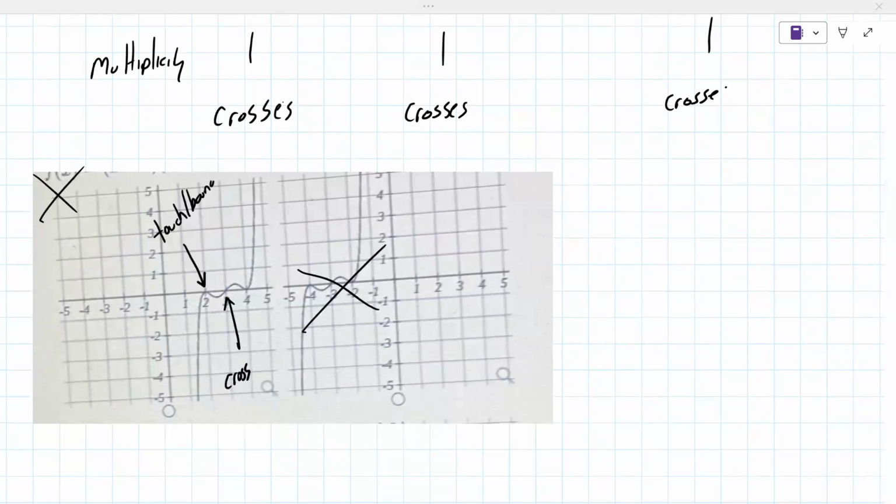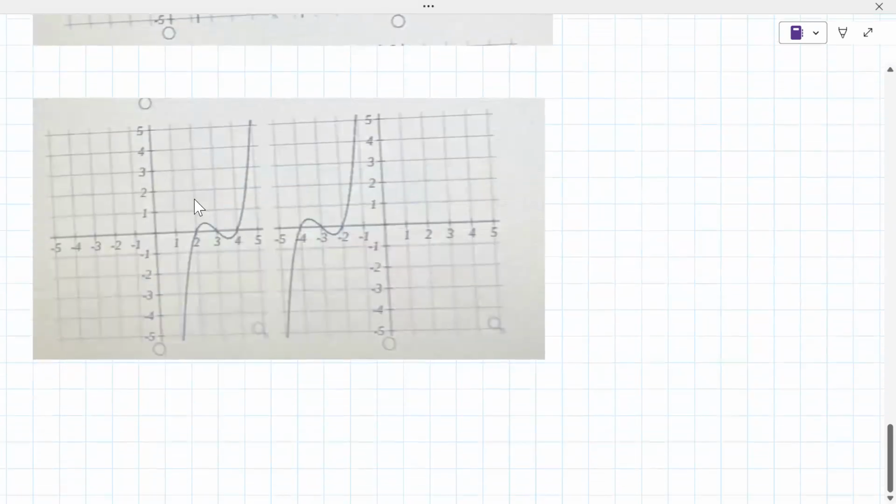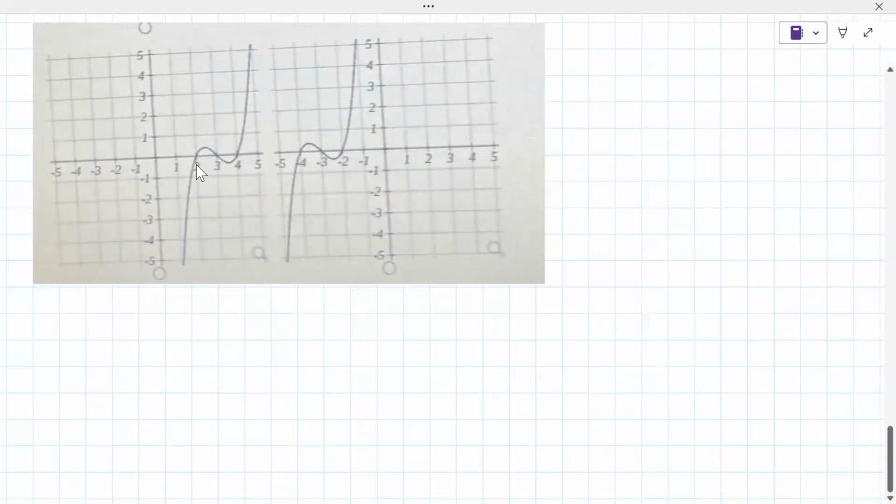All right, so next one here. What's going on at 2 here? Is that a touch or a cross? That's a cross. How about at 3? Touch. But doesn't it go all over to the other side?